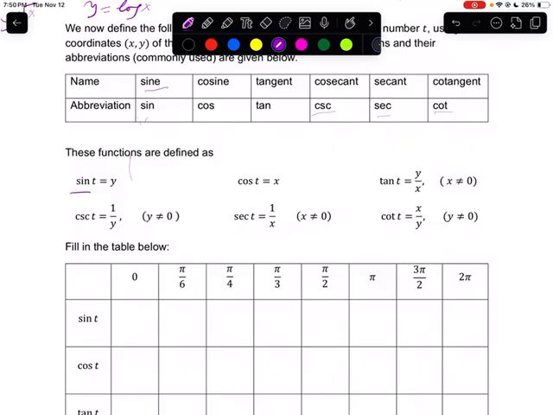The y coordinate is your sine of t, and the x coordinate is your cosine of t.